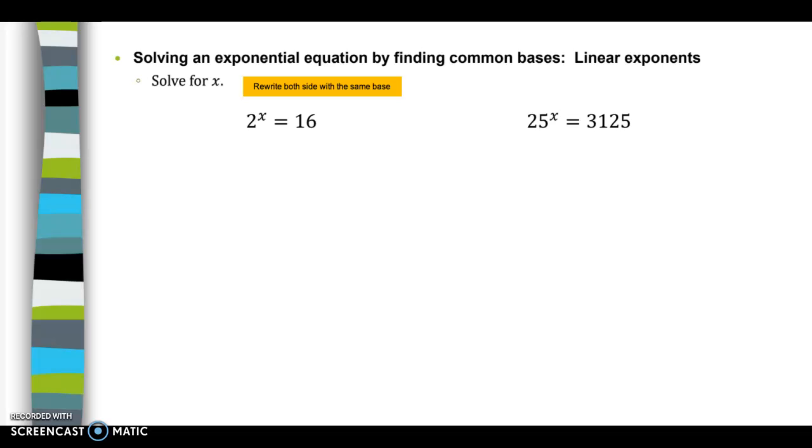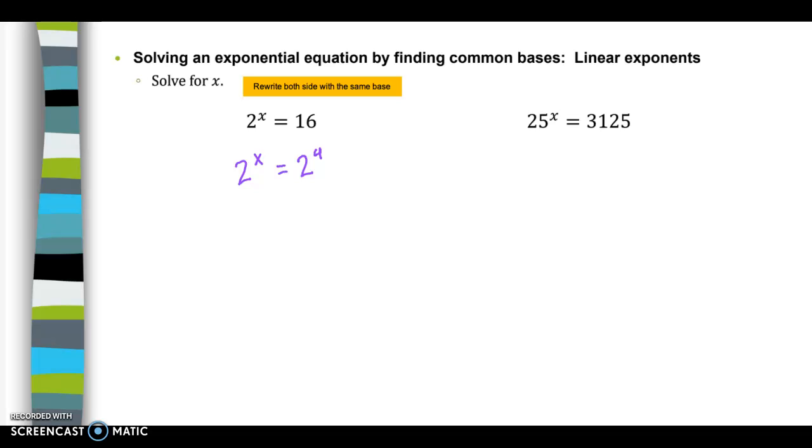So what would that look like for this problem here? Well, we can rewrite 16 with a base of 2. That's because 16 is equal to 2 to the 4th. So on the left we have 2 to the x is equal to 2 to the 4th.